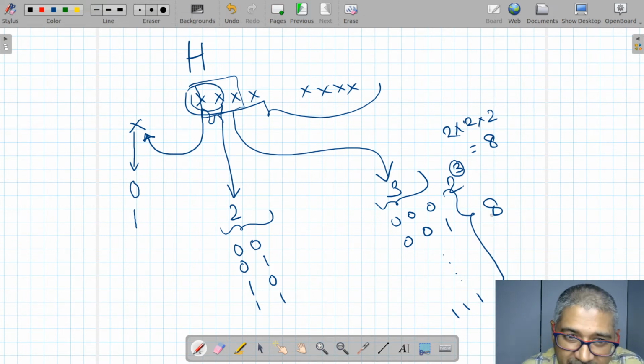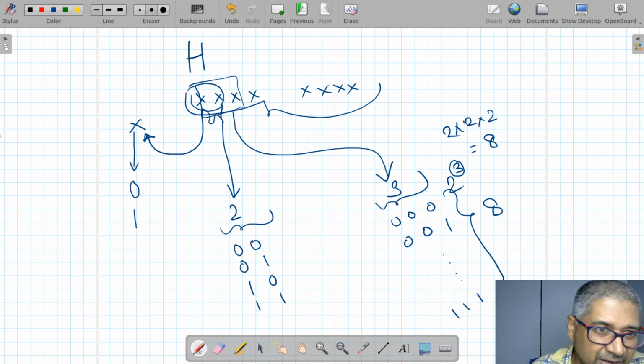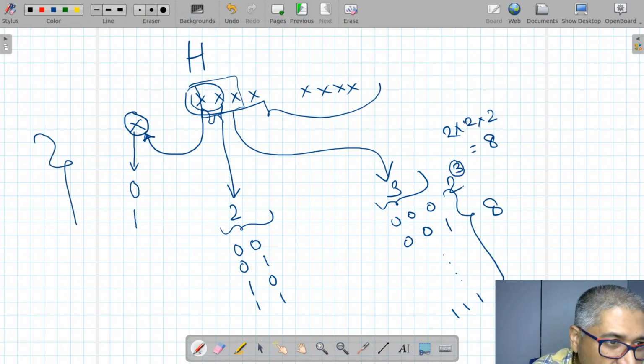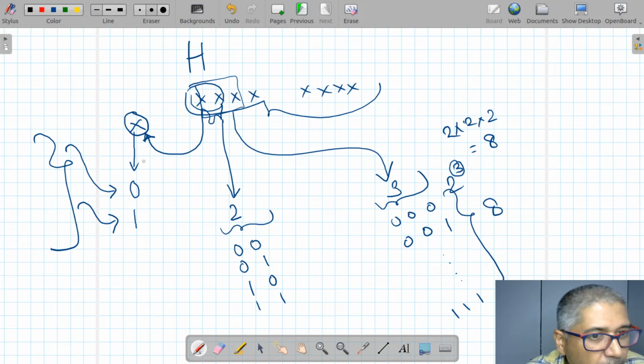So this is the real story. It means that once you move 1 bit, your big network is going to break into two networks.